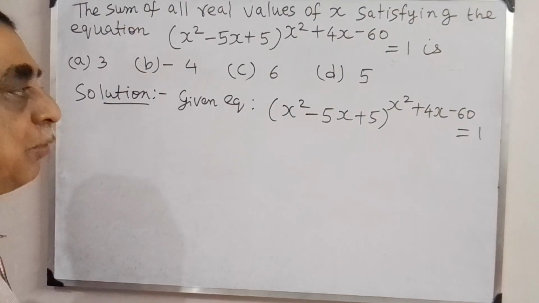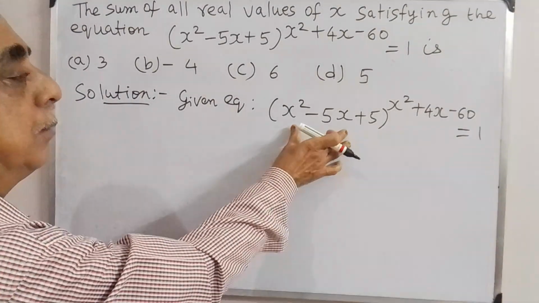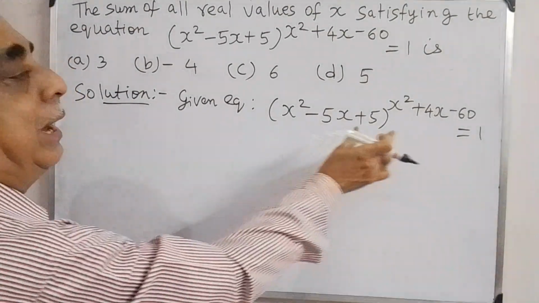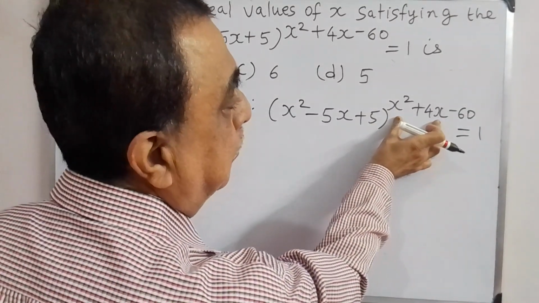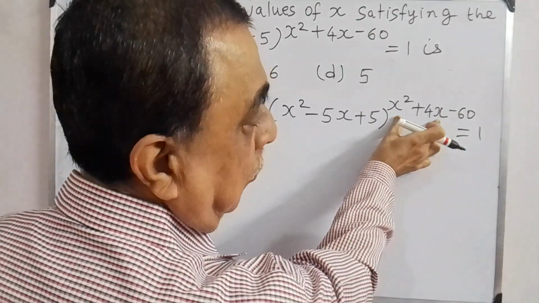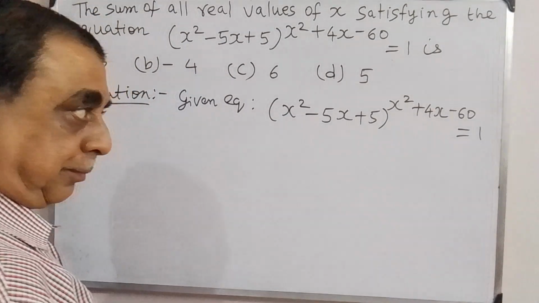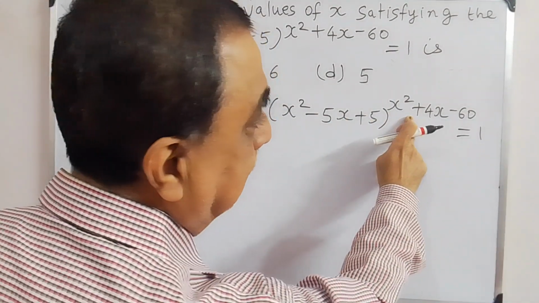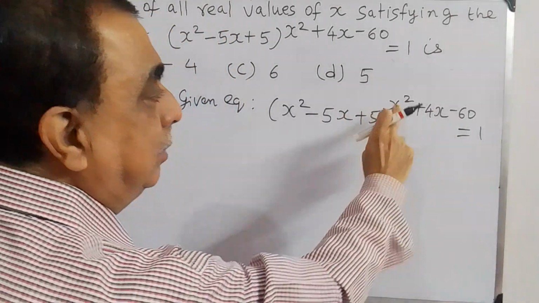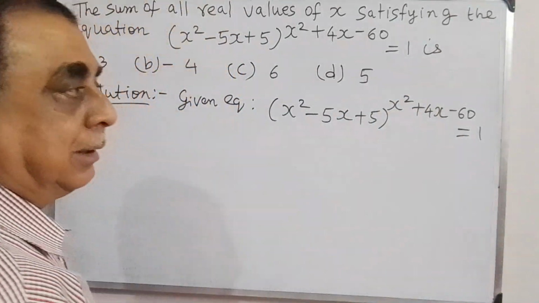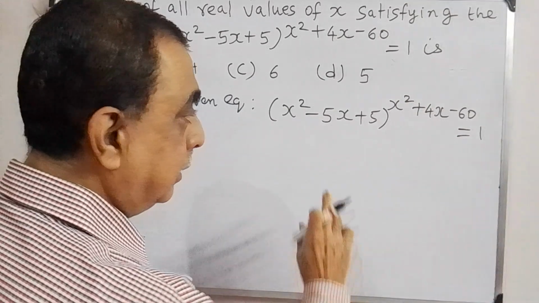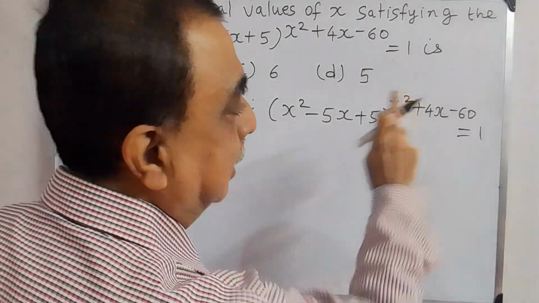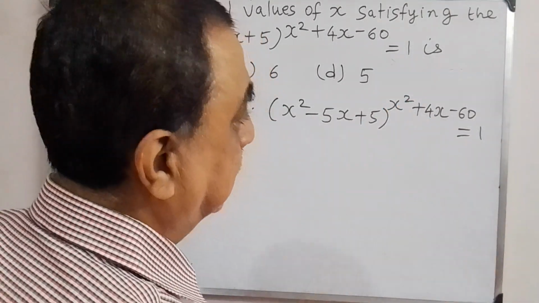And the third option is that the base is minus 1 and the power is an even number. Minus 1 raised to an even number is 1, but minus 1 raised to an odd number is minus 1.